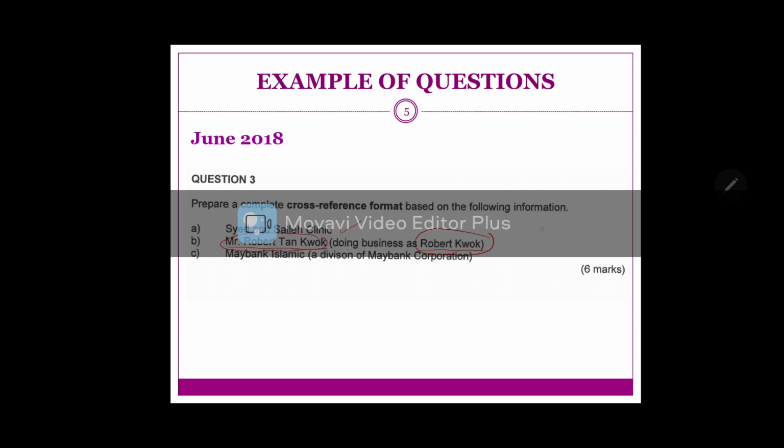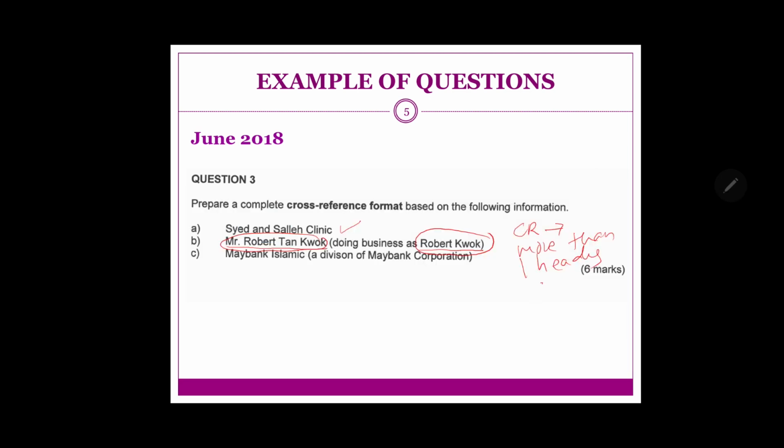That's why we say that cross-reference will be used, because there is more than one heading for storing the correspondence. And the last one is Maybank Islamic, a division of Maybank Corporation.